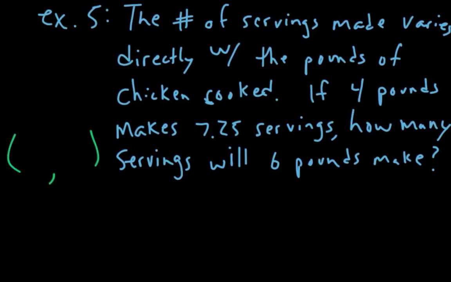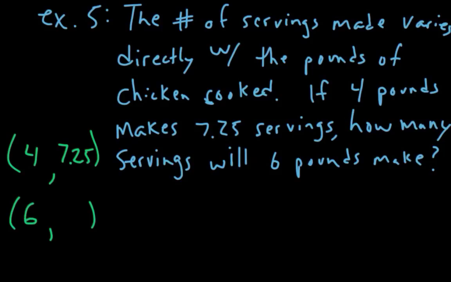Okay, so my 7.25 is going to be my y value, and my 4 is going to be my x value. Agreed? Because I found some people, they get things switched around, and then they put the 6 in the wrong spot. But now the second thing is saying, well, how many servings will 6 pounds make? So it's kind of like the second point is 6 comma something, and we're trying to find the something.